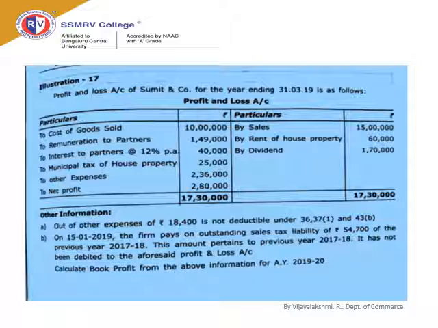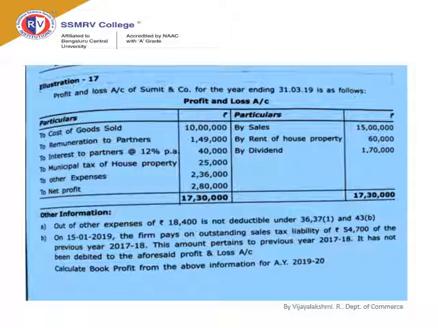The next adjustment given is on 15/1/2019, the firm pays an outstanding sales tax liability of rupees 54,700 of the previous year 2017-18. This amount pertains to the previous year 2017-18. It has not been debited to the aforesaid P&L account.